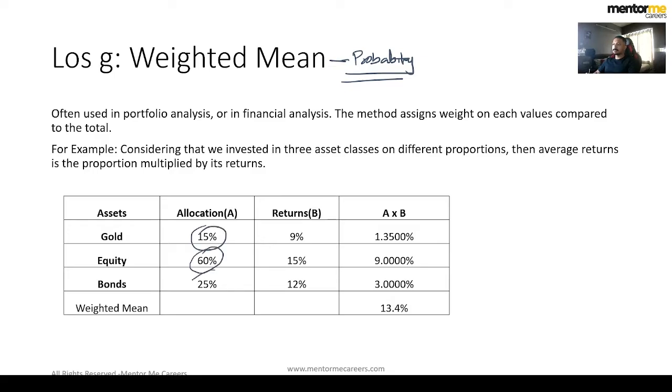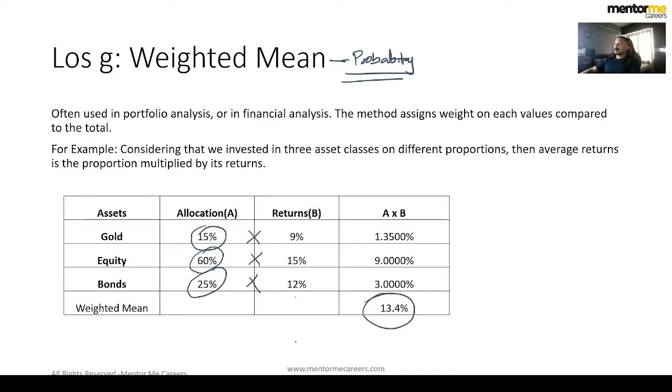Let's say you have a portfolio in which you have 15% allocated to gold, 60% to equity and 25% to bonds. Now it won't make sense if you just do 9 plus 15 plus 12, because that is wrong information. So what you do is multiply these, you get proportionally weighted returns, and then you just add them up.